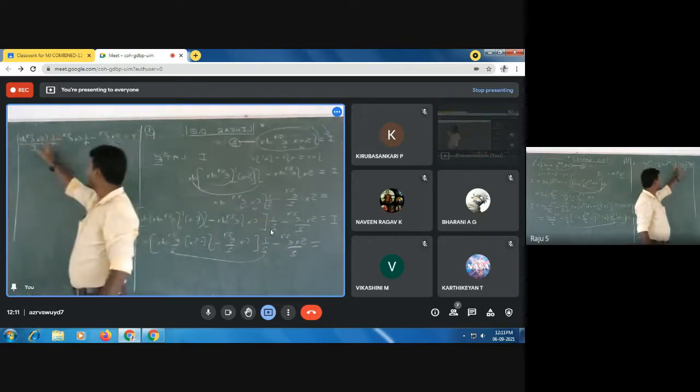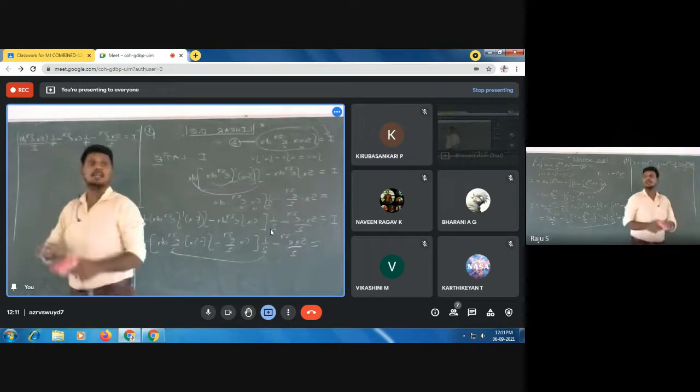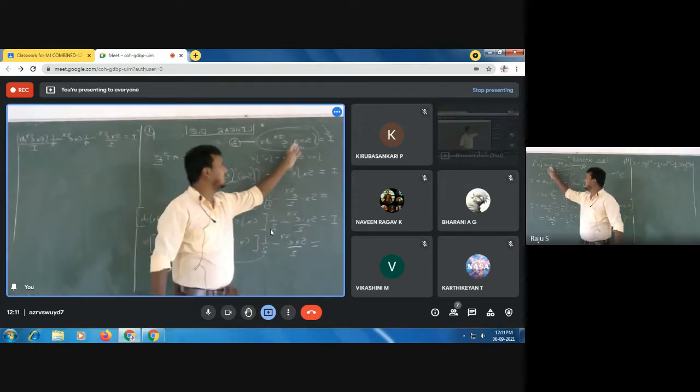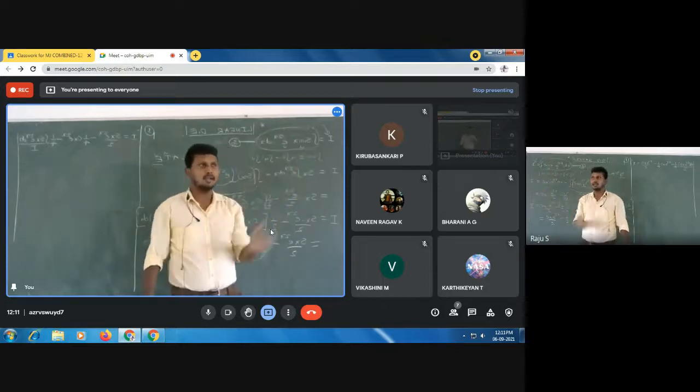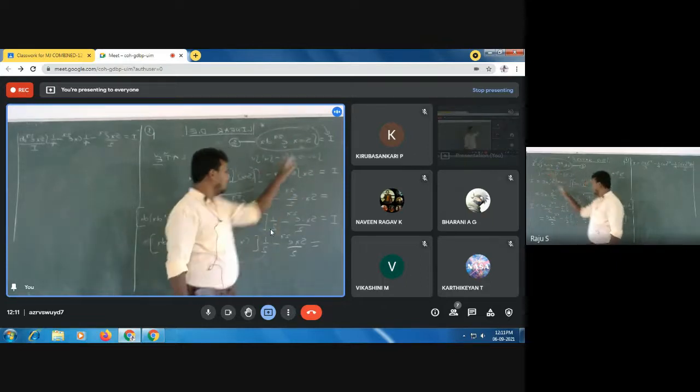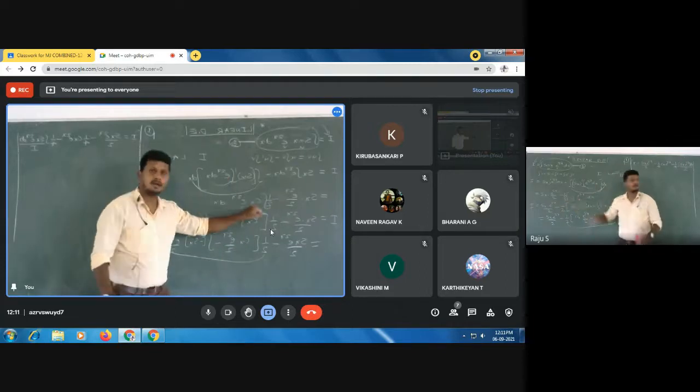Integral of the same sin x. Until it's repeating, until we are getting sin x again, we can integrate. So when I integrate sin, it becomes cos. Again cos becomes sin.